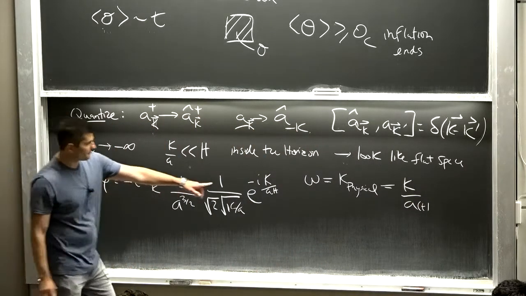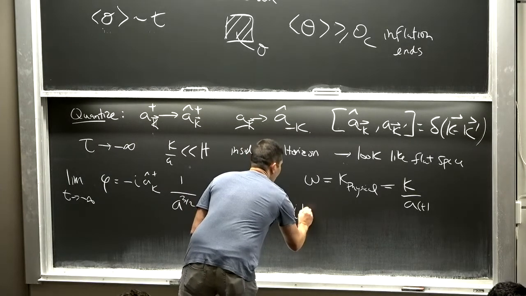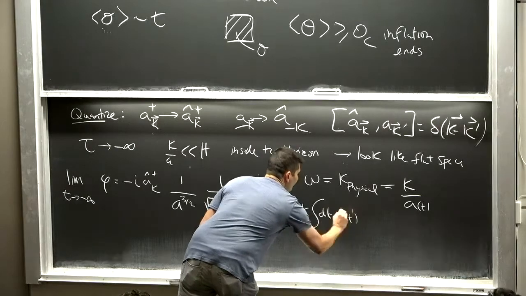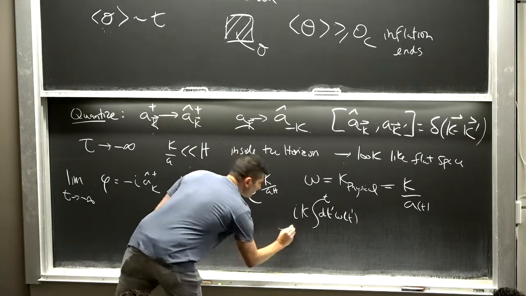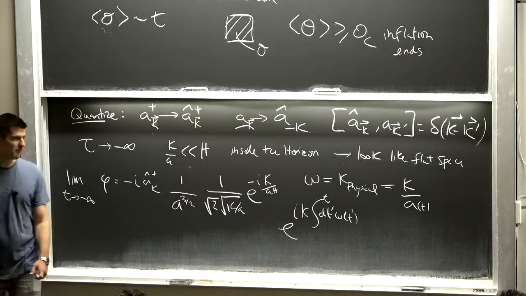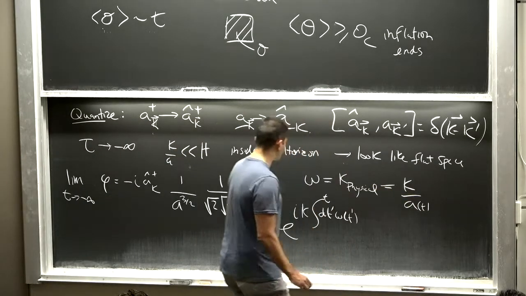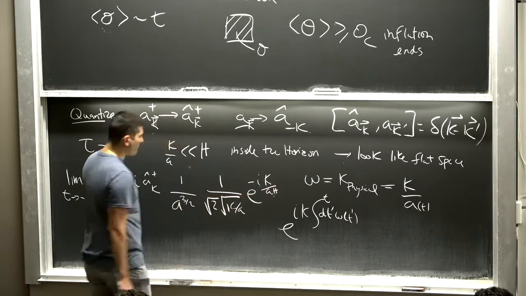So this term here, for example, should presumably be ik times the integral over time of omega of time. If I'm doing WKB, it should look something like that. And you can check that this is indeed what you would get by doing WKB, because if you integrate this, you get a minus 1 over h from the integral, which is right here.